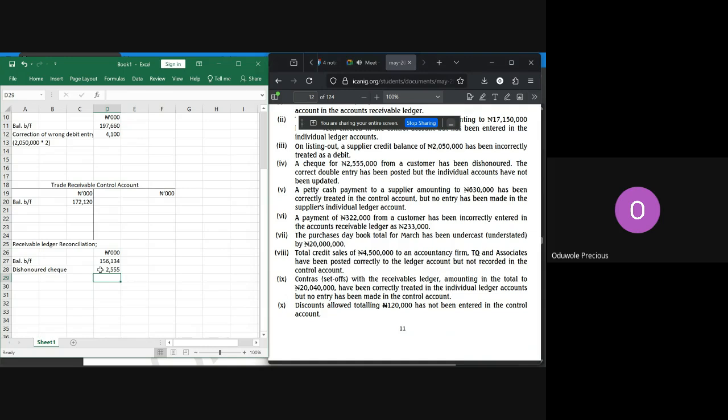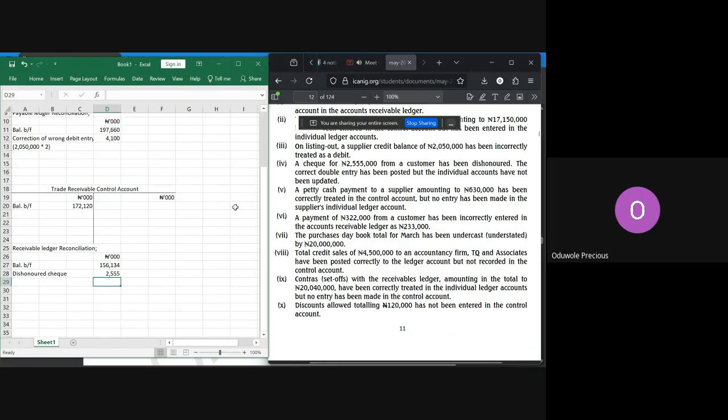So the next one is what? The next one says a particular payment to suppliers. Anytime you hear suppliers, you go straight to payables. Amounting to 6 that has been correctly treated in the control accounts, or no entry has been entered in the individual ledger. So it means that this one is not related to the control account, it's related to the individual ledger. So very good.